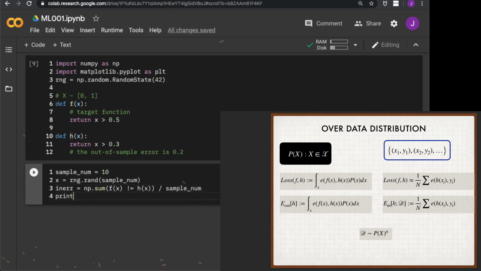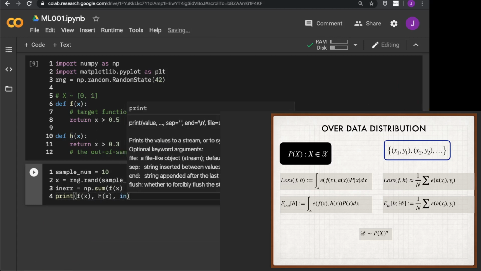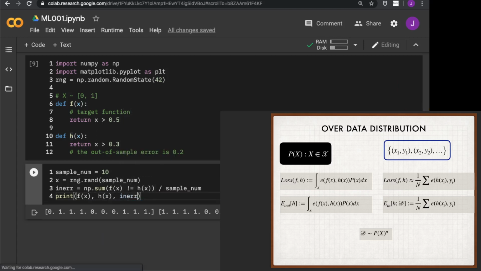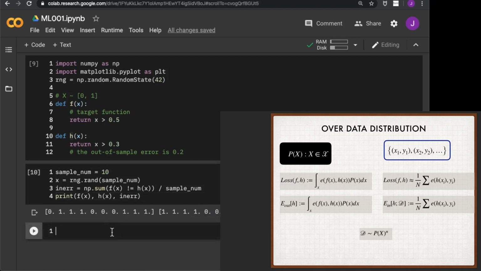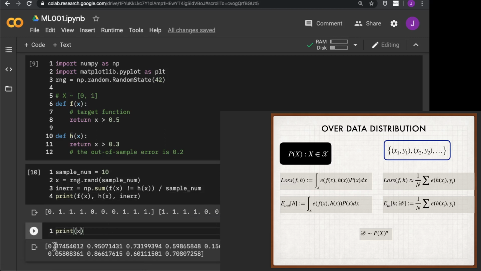Let's print out the result, see, f(x) and h(x), to have some sanity check. Okay, they agree mostly, but with one example they don't agree. Let's see what this example is. Okay, this falls exactly between 0.3 and 0.5.